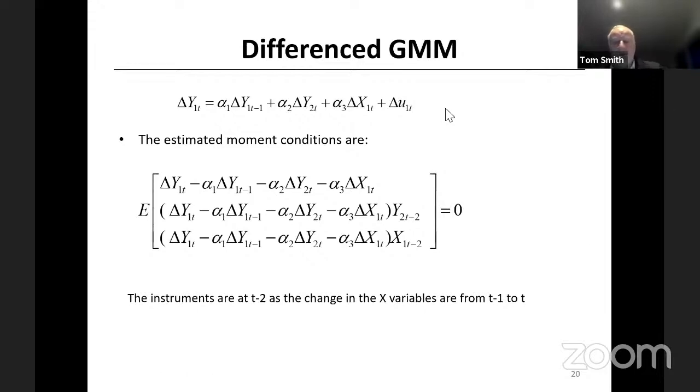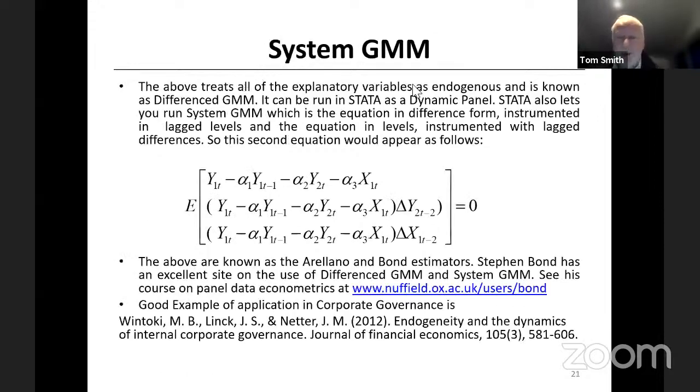You can also augment this with the levels. You can put down the level equation, and then instrument with changes in the variables. So the difference GMM was using changes and instrumenting with levels. The system GMM has what you had for the difference, plus you add in the levels that you instrument with the changes.